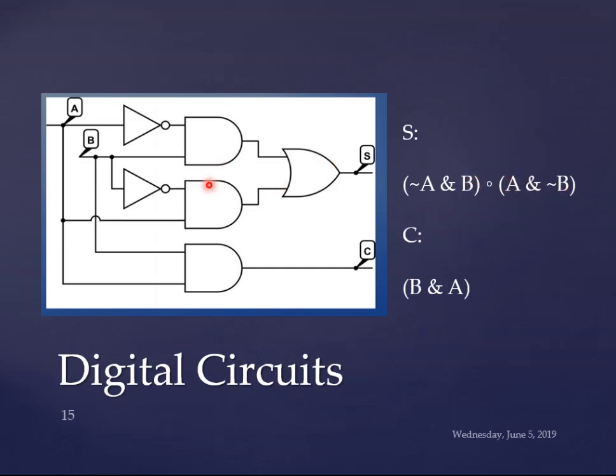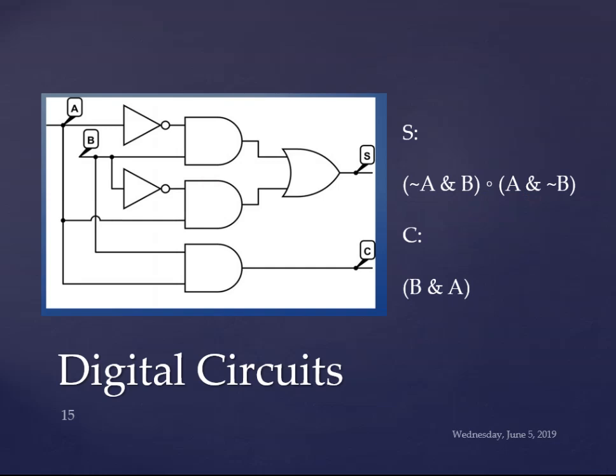Okay, the other AND gate, which is down here, notice that one of the input wires just goes straight to A, okay? And so we just link it right up with A. But then we have to put a NOT gate in between the B wire and the AND gate. And so that's why that NOT gate is there. It's negating the B input, okay? And so that actually represents an exclusive OR.